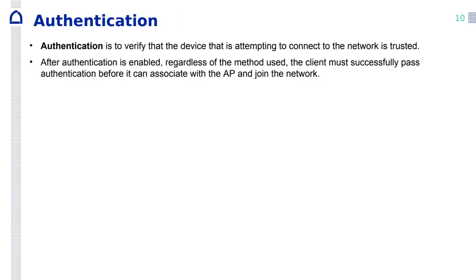Authentication is a method to verify that the device attempting to connect to the network is legitimate and trusted. After authentication is enabled, regardless of the method used, the client must successfully pass authentication before it can associate with the access point.